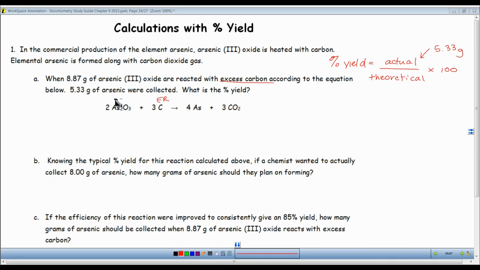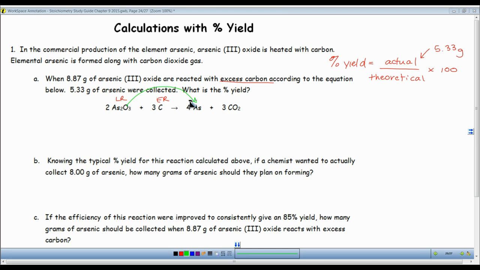So the arsenic oxide must have been the limiting reactant. So I don't have to calculate the limiting reactant, they're just going to tell me. And so I know right away that it's the arsenic oxide that can be used to determine the amount of arsenic produced. Well, that's kind of nice. I don't have to do the limiting excess deal. It kind of told me excess carbon.